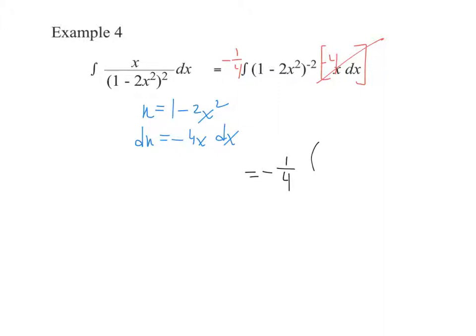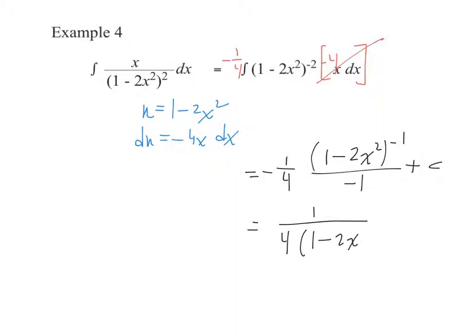So negative 1/4 times (1 minus 2x squared) to the negative 1 all over negative 1 plus c. Or better yet, let me clean this up a little bit. The negatives cancel, and we'll get 1 all over top of 4 times (1 minus 2x squared) to the first plus c.